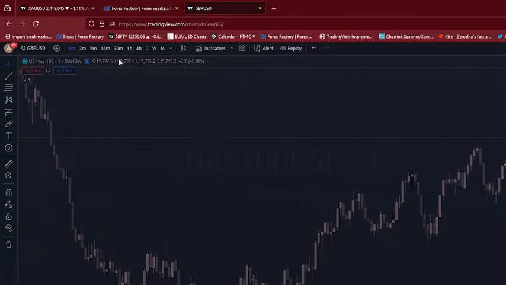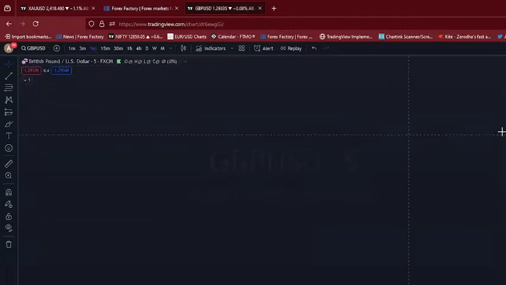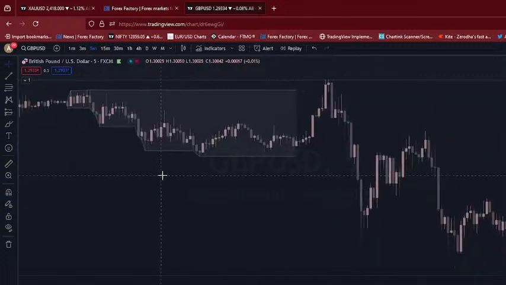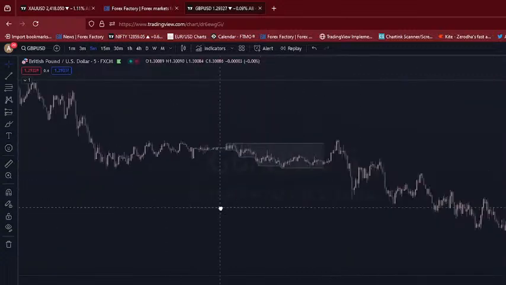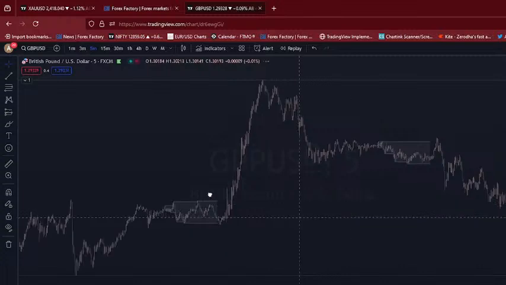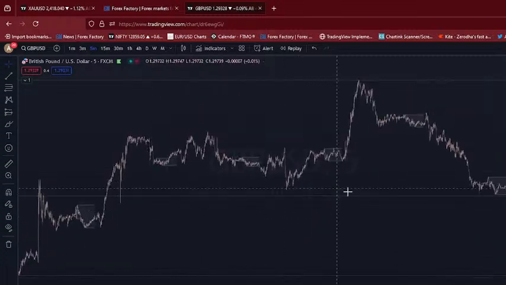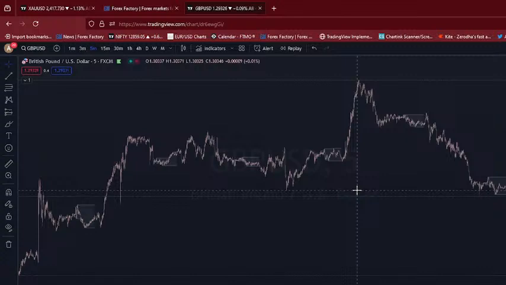GBP USD had news. See, I don't have a fixed timing for this market. Sometimes you miss some opportunities, but you don't want to be bound by the market. You need to be free, where you can make your own time, and whenever you feel comfortable, come to the market to trade.